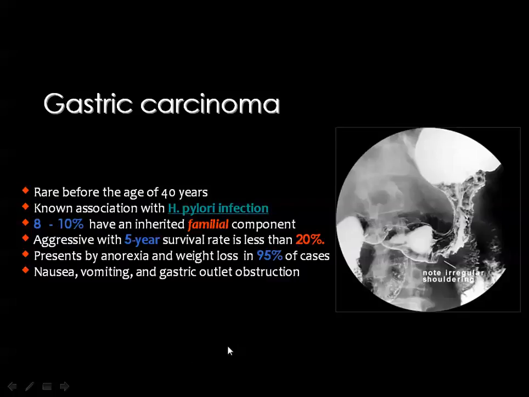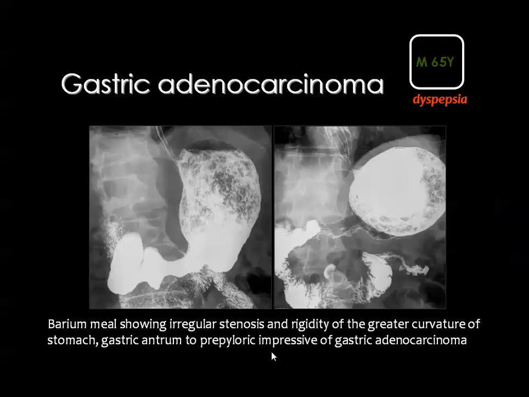reduction of the gastric lumen, and irregularity of the gastric wall. As you can see in this case, there is reduction of the gastric lumen and marked irregularity along the greater curvature of the stomach. In this case, you see an infiltrating type of gastric adenocarcinoma involving the distal part of the body and the pyloric canal.